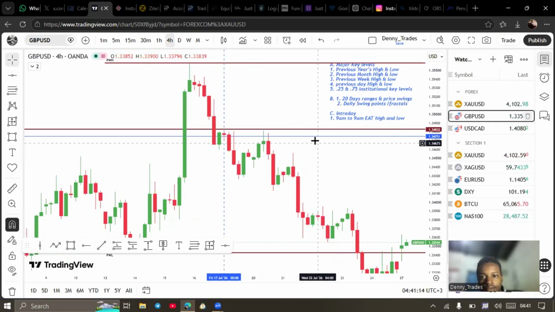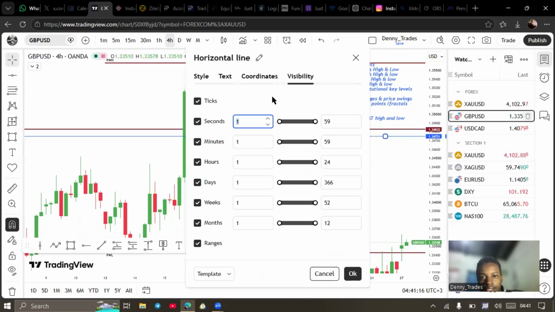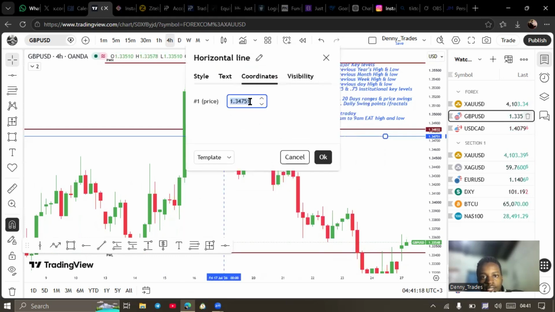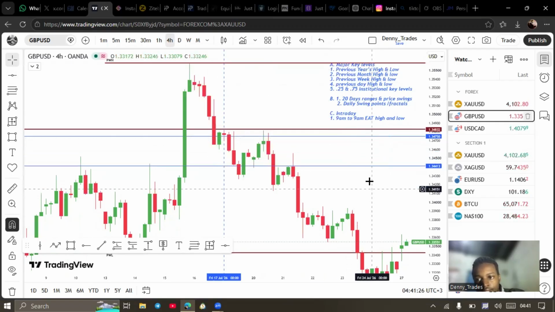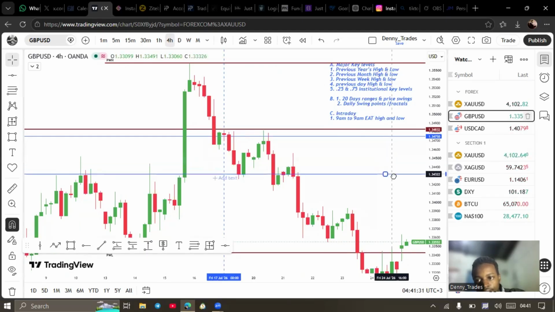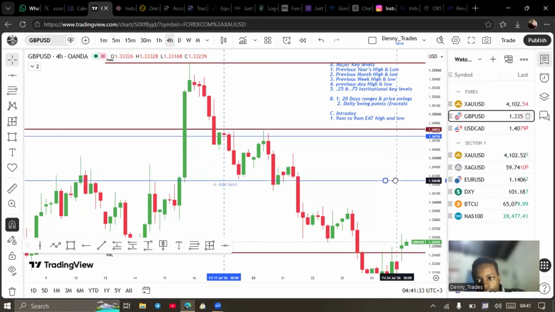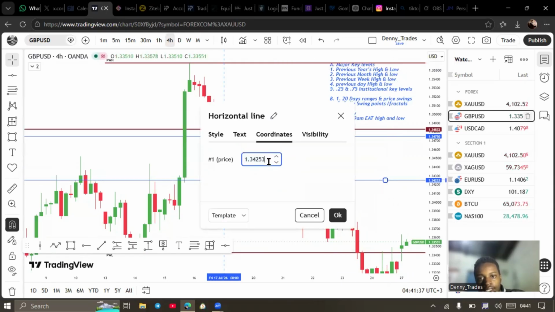Okay, we don't have to be that precise. So the coordinates, we just need to be 75 or 25. Okay, so the next key level will be around 75, then 25, then 25. Where is it? Okay, this is our next key level.